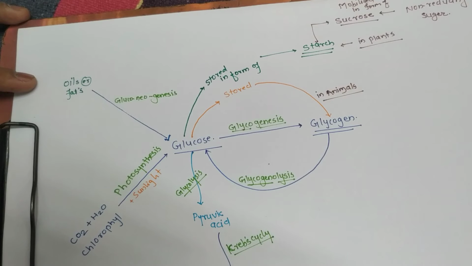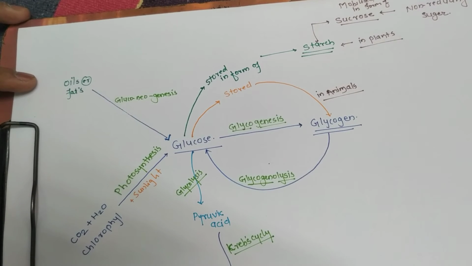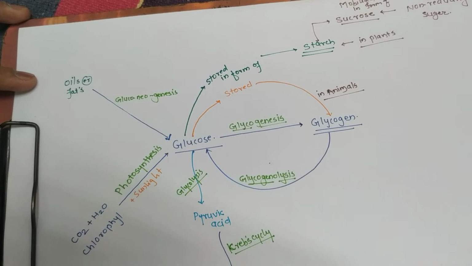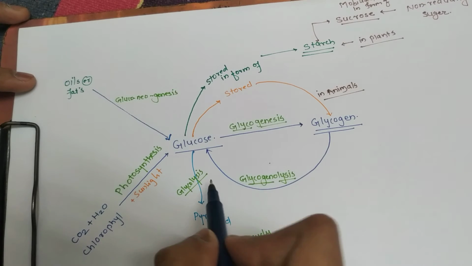And then the remaining portion, that is the NADH2, is converted into ATPs with the help of ETS, the electron transport system or electron transport chain, that is by oxidative phosphorylation.